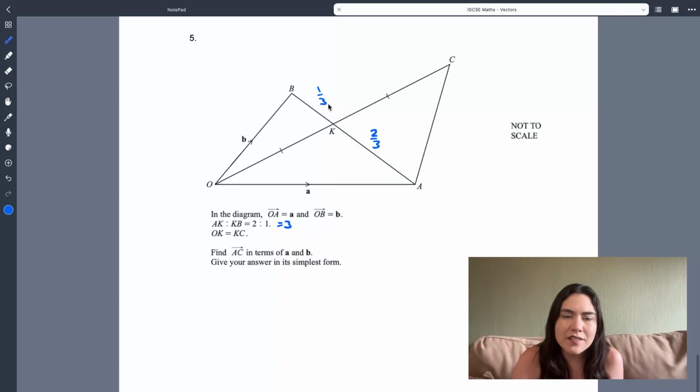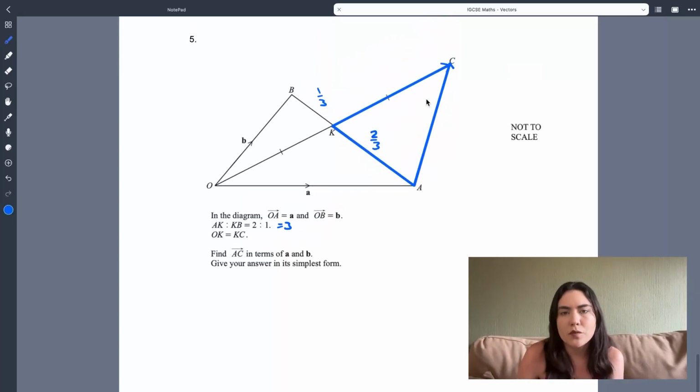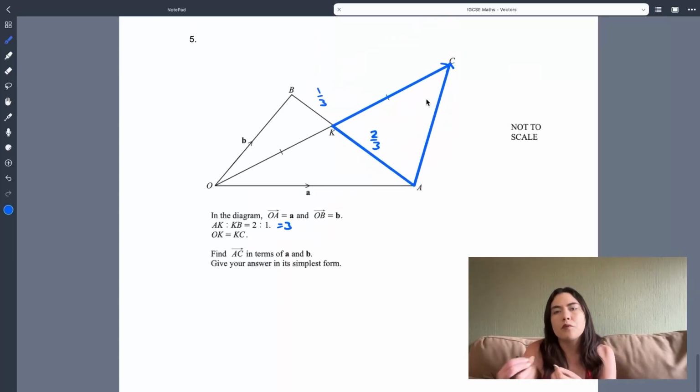Find A to C in terms of A and B. So we are trying to get from A to C. Now again, we can't go directly from A to C because we don't know how to get there. What we can do, however, is go from A to K and then K to C. Now this is a little bit more tricky, and as you can see, this is a 4-mark question, so we're going to have to do a little bit of pre-working.